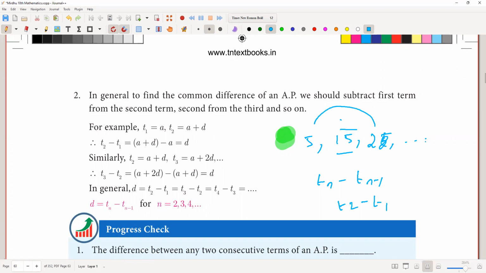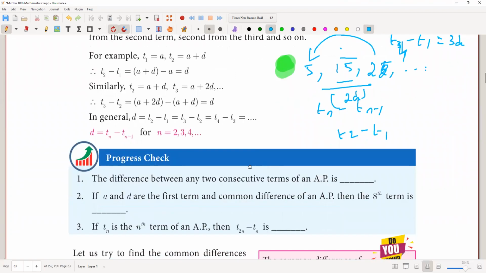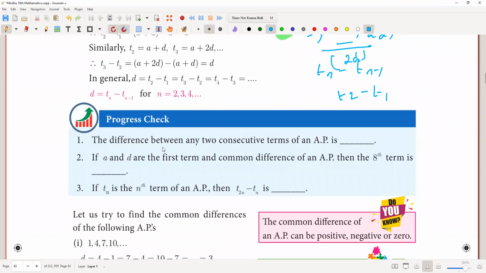When there is a difference of 2 terms, T3 minus T1, you'll be getting 2D. If it's T4 minus T1, it will be 3D, and it proceeds. The difference between two consecutive terms of an AP is known as the common difference. That's it.